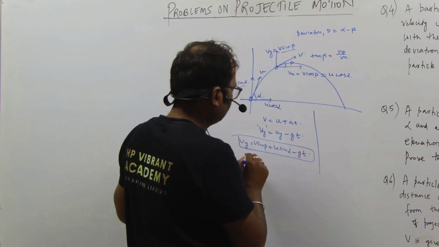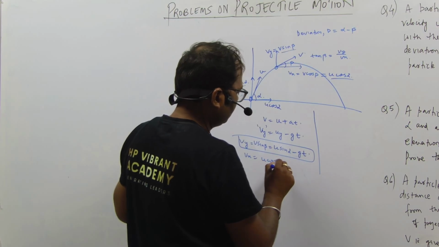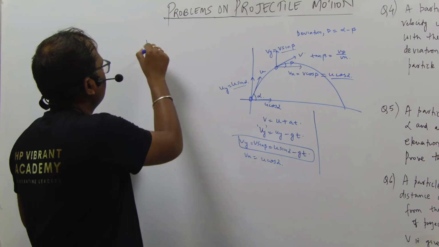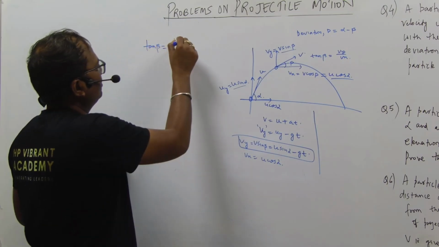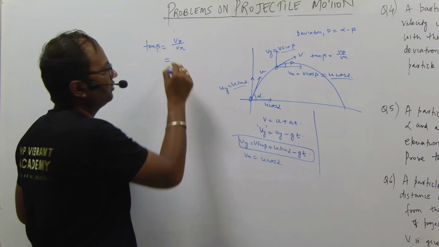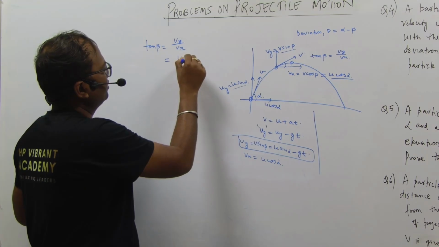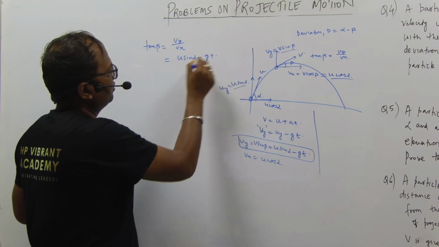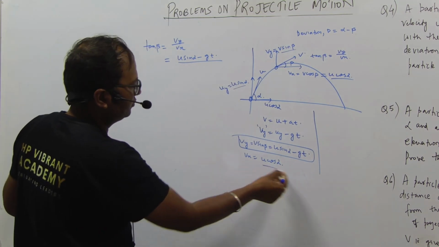Okay, now vx is equal to this one, u cos alpha. So now let us write down tan beta. Tan beta is equal to vy upon vx. So this is equal to vy, which is u sin alpha minus gt, upon u cos alpha.